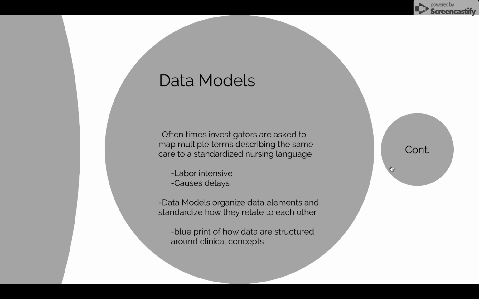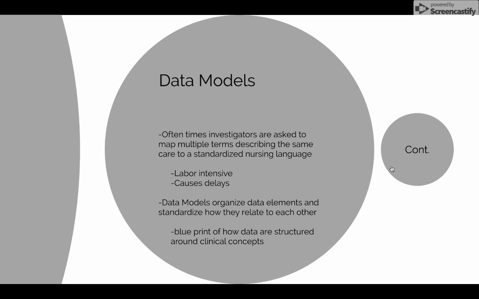So data models. Oftentimes investigators are asked to map out multiple terms because I may call it emesis, you may call it vomit, I may say bowel movement, you may say stool, and this creates a lot of inconsistency. So you would have to map out multiple terms describing the same care to standardize the nursing language.